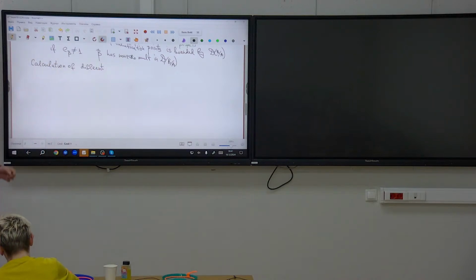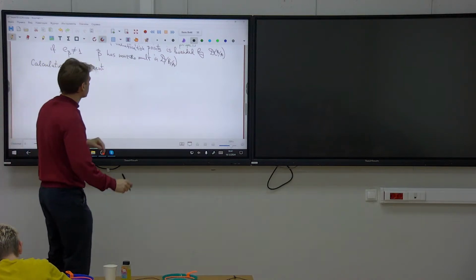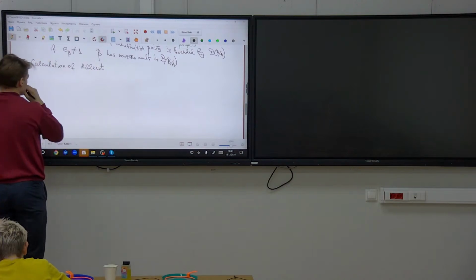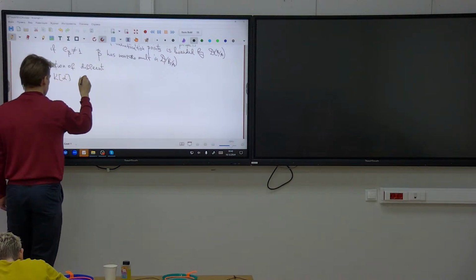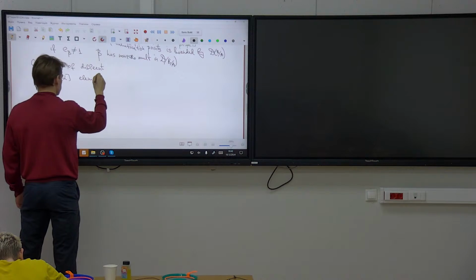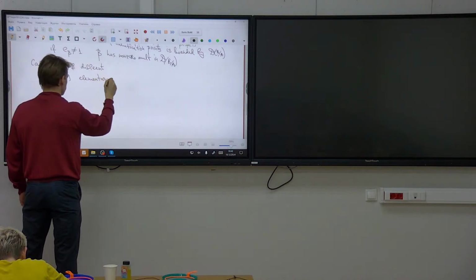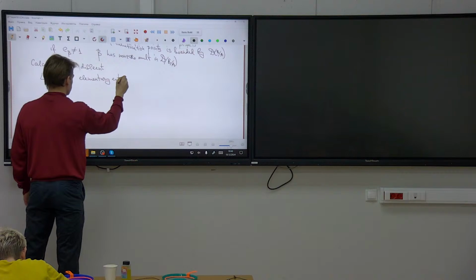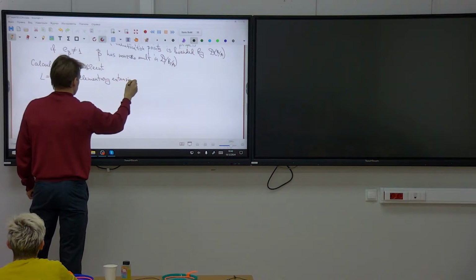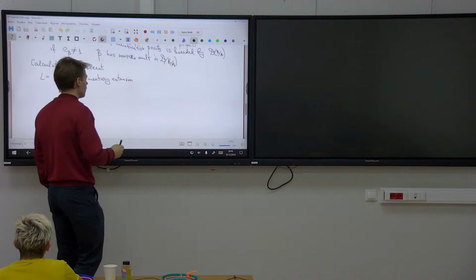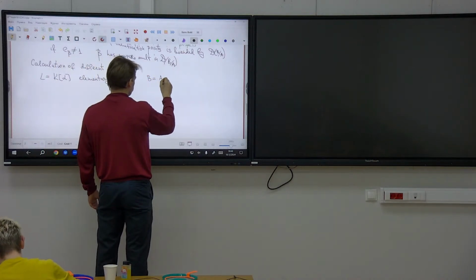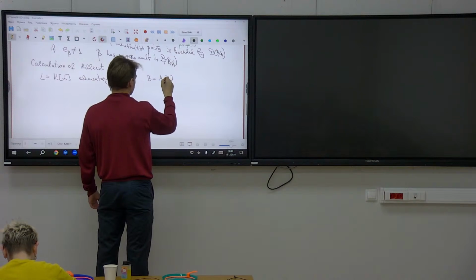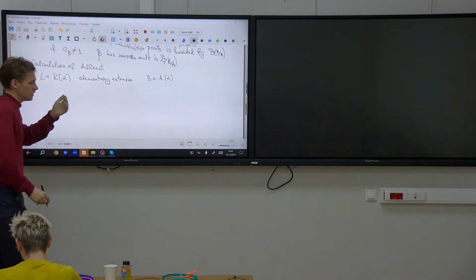So notice that, consider elementary extension, such that B is just A of alpha. So this is of course an elementary extension of fields.